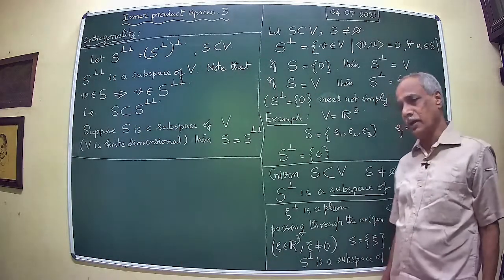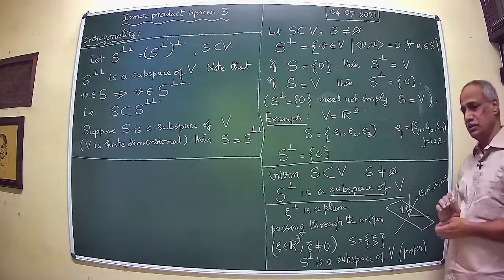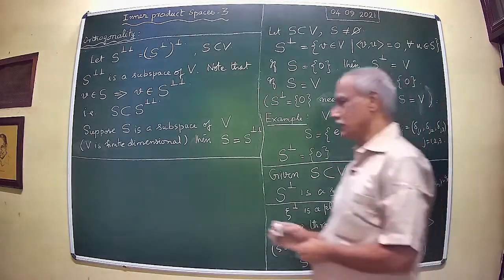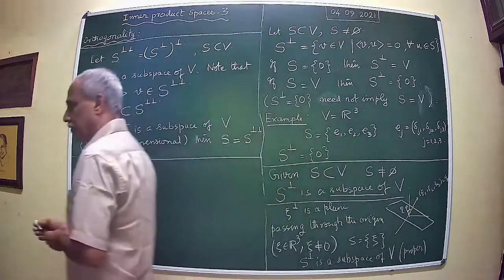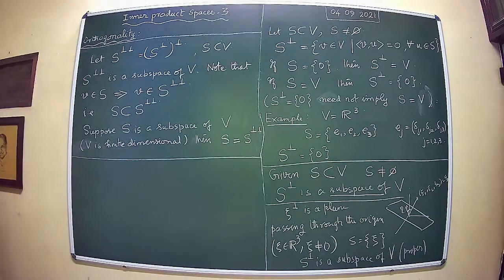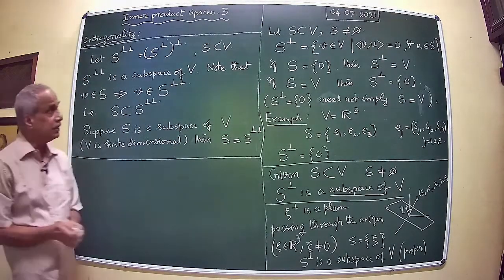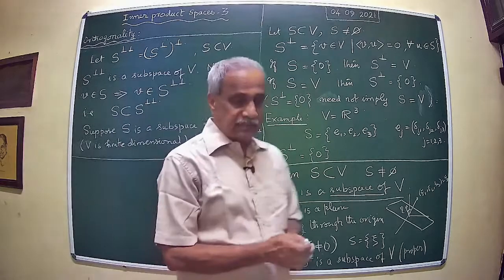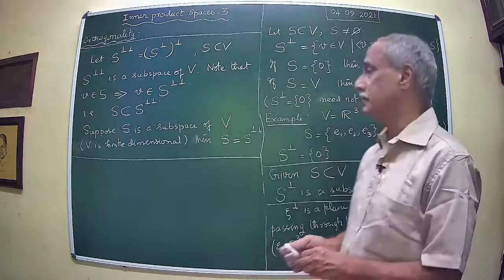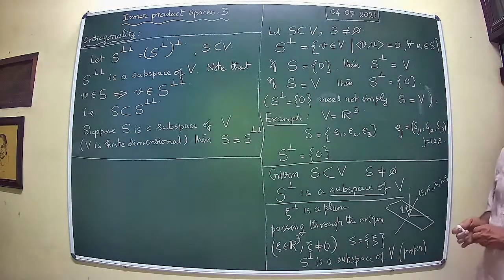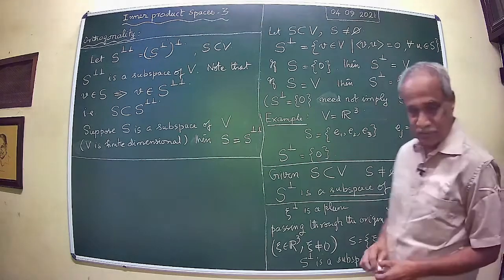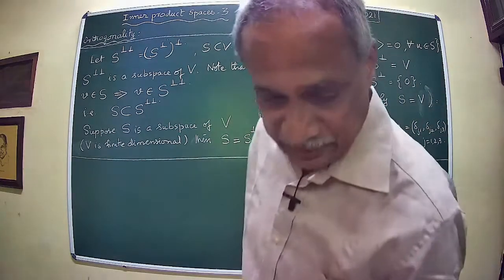Now we introduce some consequences of this in our next lecture. So we continue with orthogonality and its consequences, and then prove results like Bessel's inequality, etc., and the Parseval relationship.